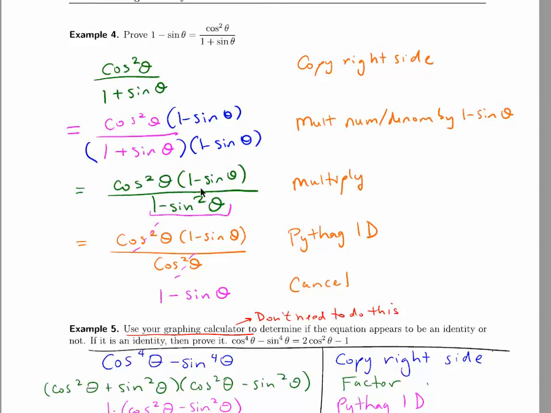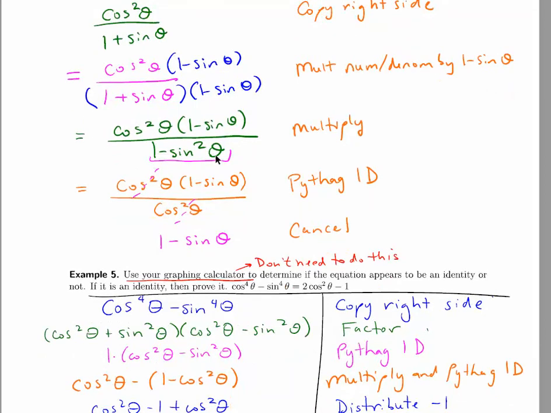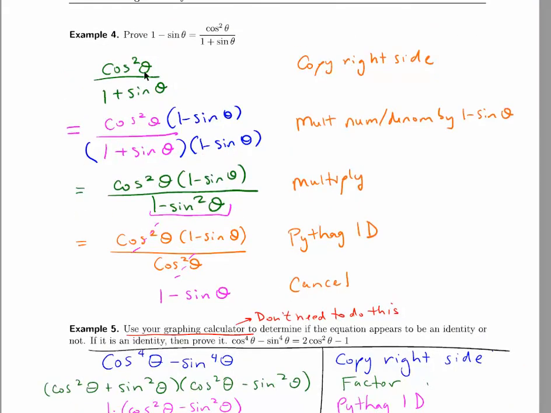When we multiply and get 1 minus sine squared theta, that allows us to use the Pythagorean identity to change 1 minus sine squared into cosine squared and then cancel it. Actually, on this particular example, we didn't really need to use this technique.